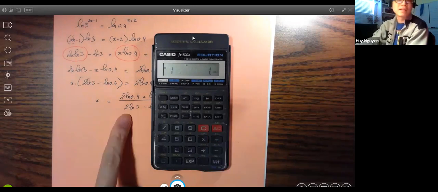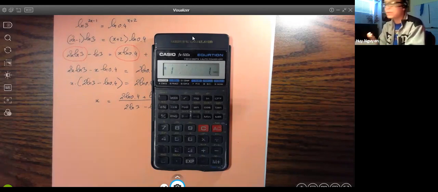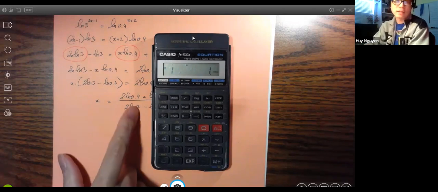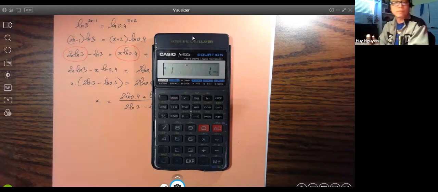It depends on how they set up the test. I don't mind, I love this final answer because it looks more professional to me. But what if the system doesn't want you to take it?